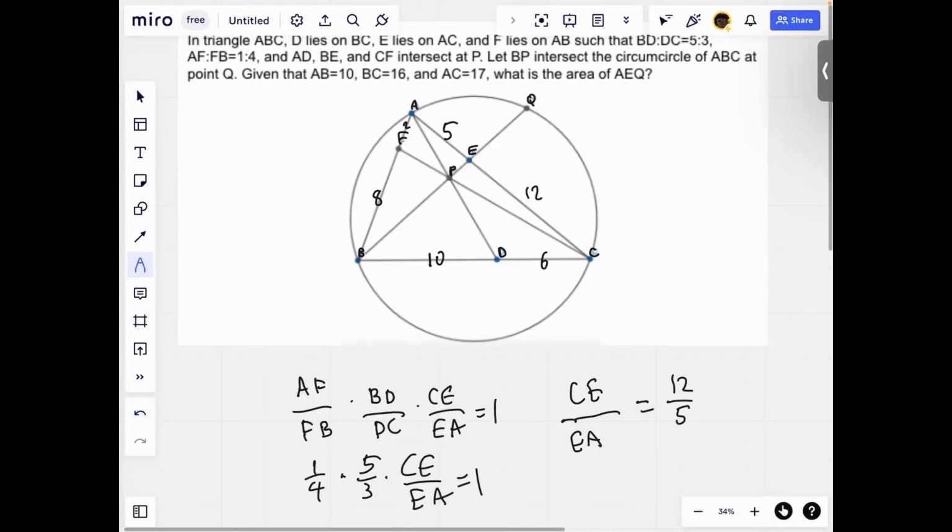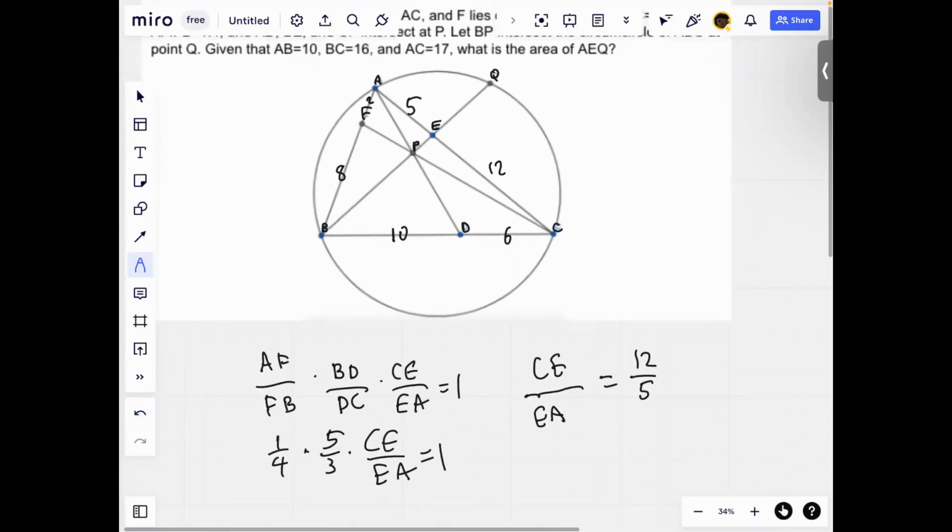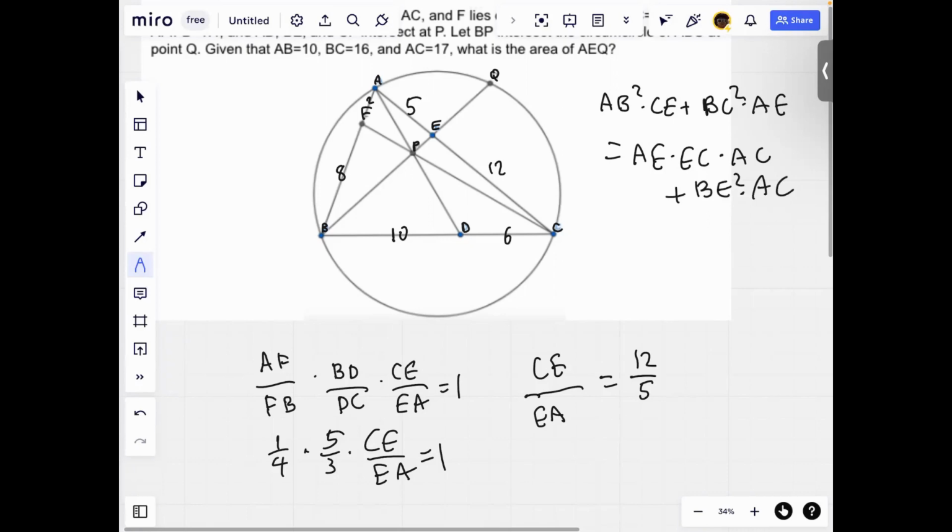So now we want to find the length of BE. In order to find the length of BE, we use something called Stewart's theorem. Stewart's theorem basically says that AB squared times CE plus BC squared times AE is equal to AE times EC times AC plus BE squared times AC.